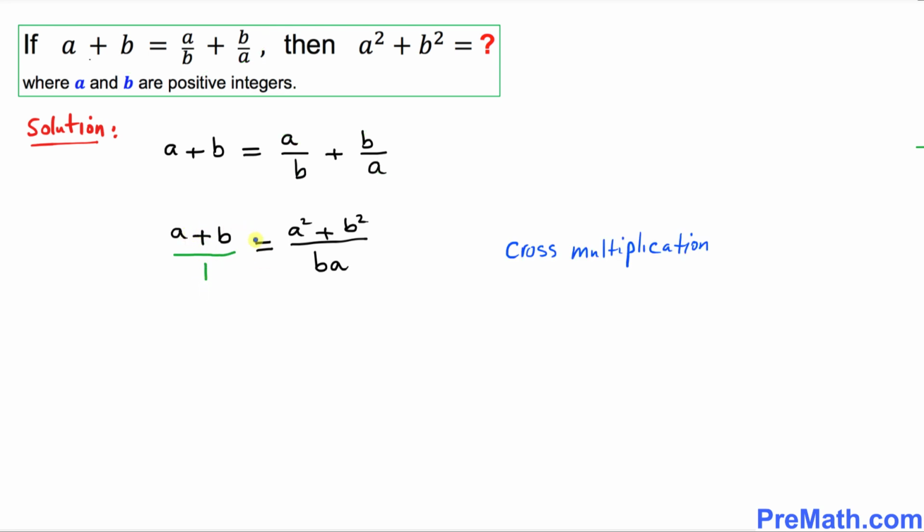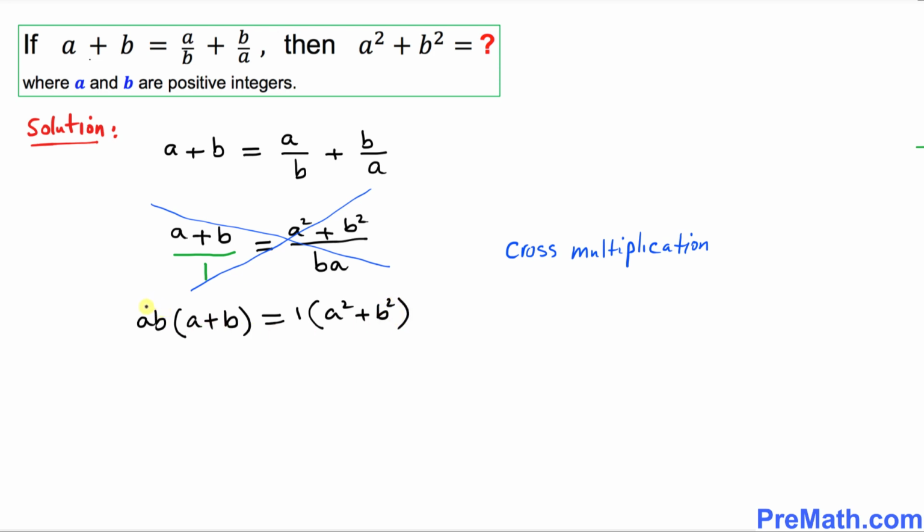In the next step we are going to take care of these two fractions by using cross multiplication. That means I can multiply this way and I can multiply that way. Let's go ahead and do that one. If we multiply a plus b times ba, this is going to become ab times a plus b, equals 1 times a square plus b square.